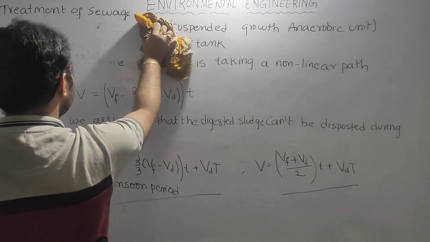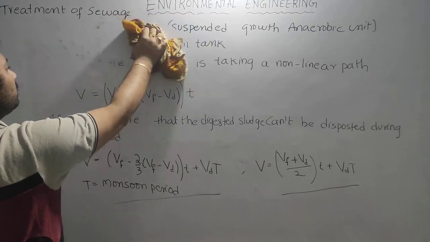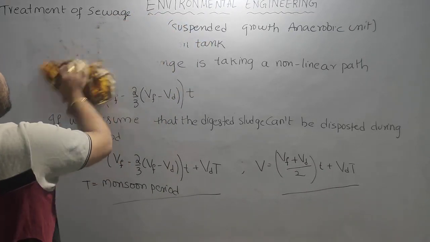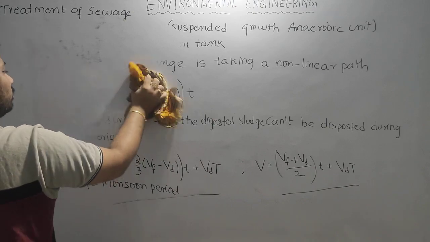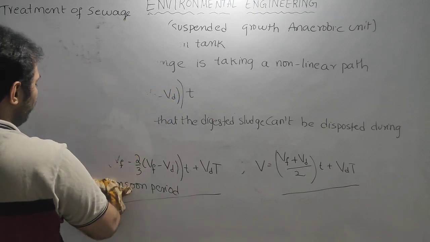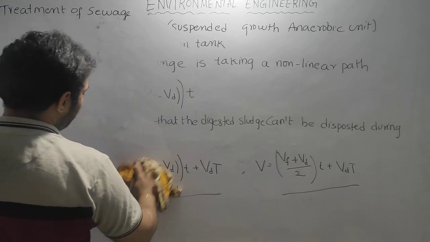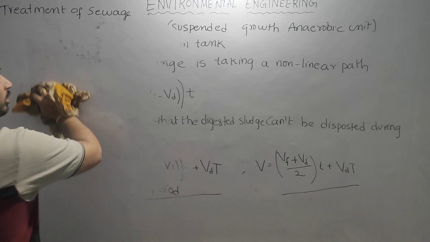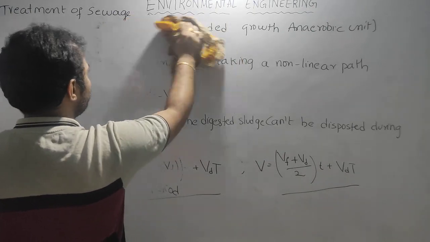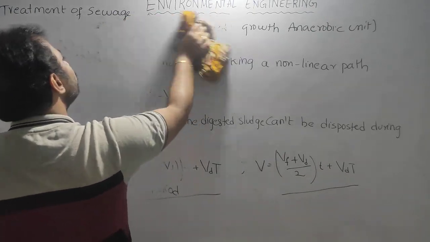Whatever sewage sludge enters the septic tank goes along with the water. Whatever flush system we use, it carries the sludge, whatever we are disposing, into the septic tank with the help of water. That is nothing but the flush system.